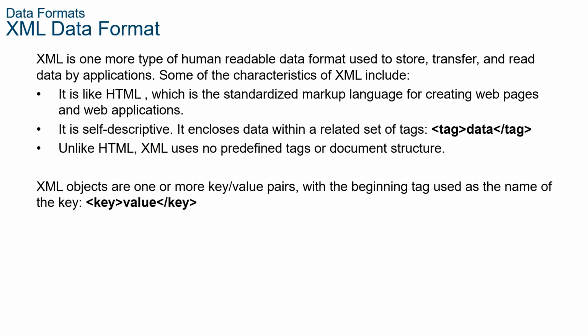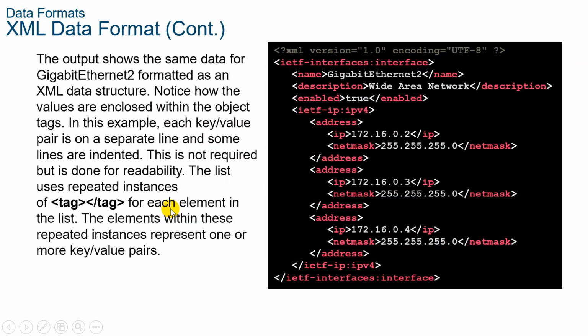XML objects are one or more key value pairs with the beginning tag used as the name of the key. So key, value, and then the ending tag for the key. The following output shows the same data for gigabit Ethernet 2 formatted as an XML data structure.